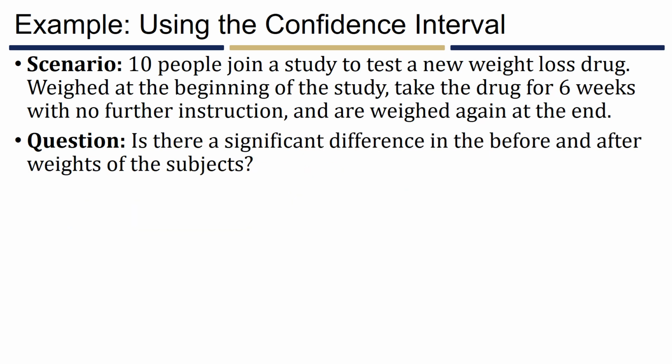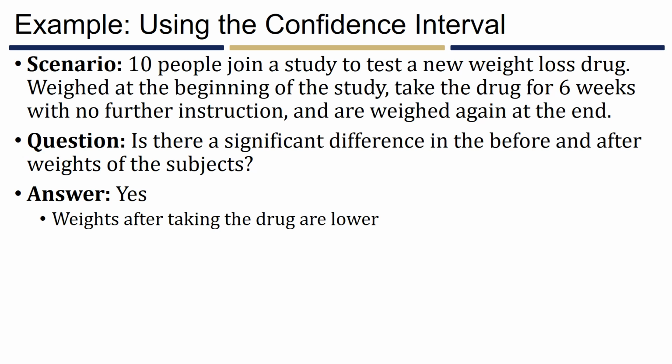The last thing that we should address here is if there's a significant difference in the before and after weights of the subjects. Typically, when you use a confidence interval to determine if a significant difference exists, what you're looking for is zero. You're looking to see if zero is contained within this confidence interval. In this case, we can say that there is a significant difference in the weights of the subjects, and we can go one step further and say that the weights after having taken the drug are significantly lower.